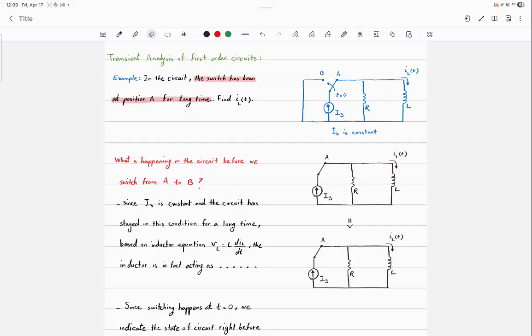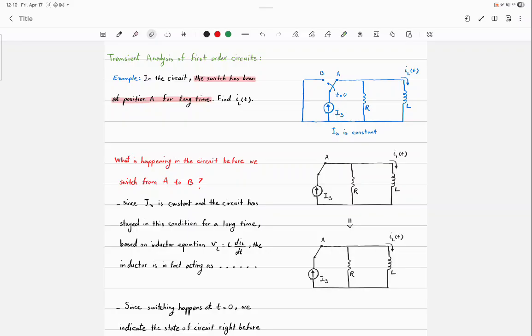Okay? That's why we say either the inductor is fully charged, or everything is in a steady state. Or if you remember the lecture before the last one about inductors, how does an inductor behave in DC circuits? It behaves as a short circuit.